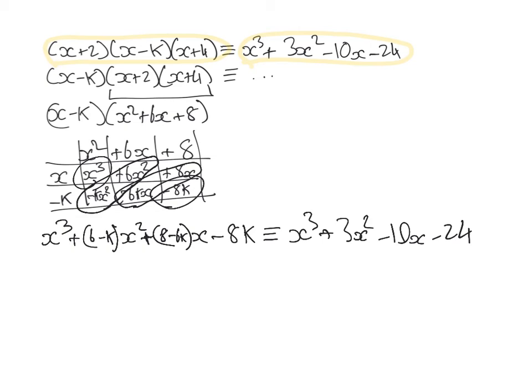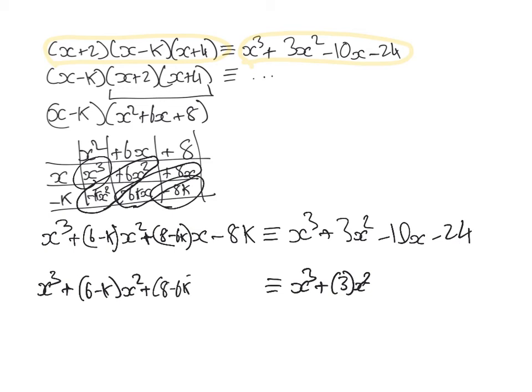Now, to make this work properly, we need to make sure all the signs are around the right way. So we have x cubed here, we have a plus there. So 6 minus k x squared, we'll stick that there. We have an x cubed there, which is positive, and we do have a plus there, and we'll stick the 3 there, and we'll put our x squared there. So this is a positive 8 minus 6k x.